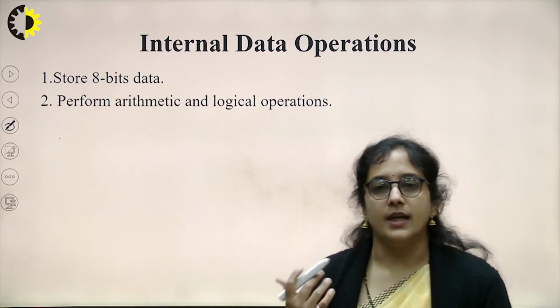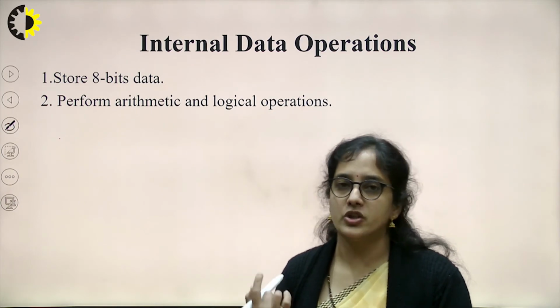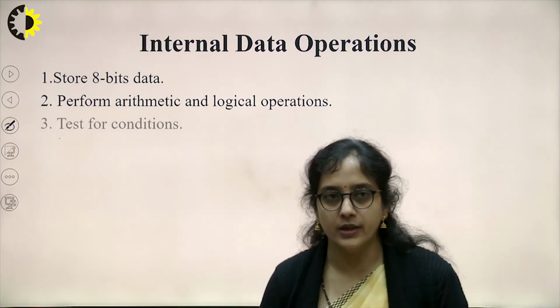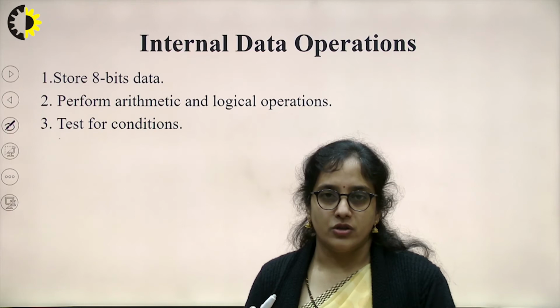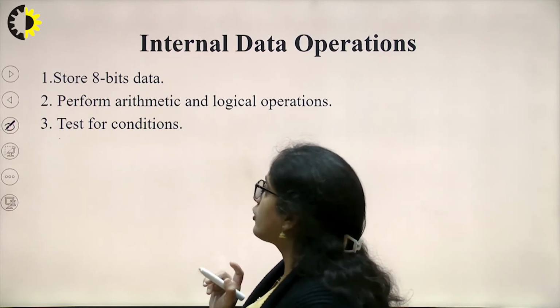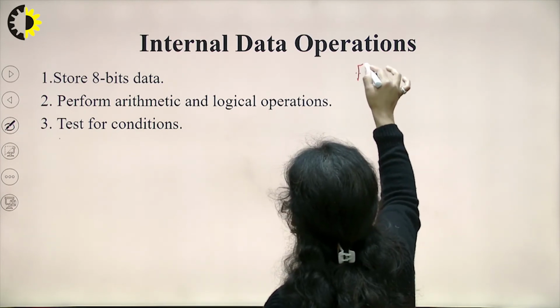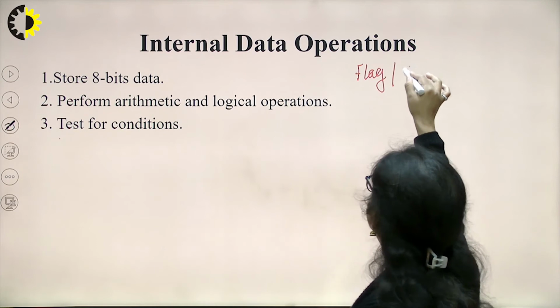Second, it performs arithmetic and logical operations. For performing these it will use an ALU unit. Test for condition. Any microprocessor has some registers known as flag or status register.